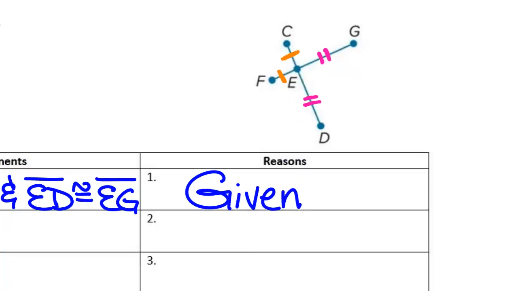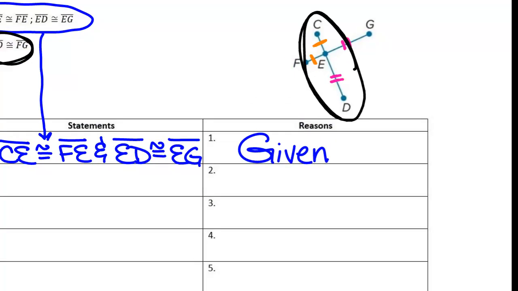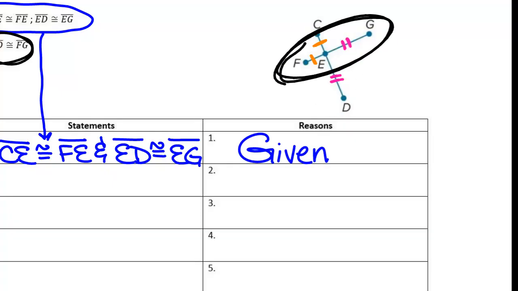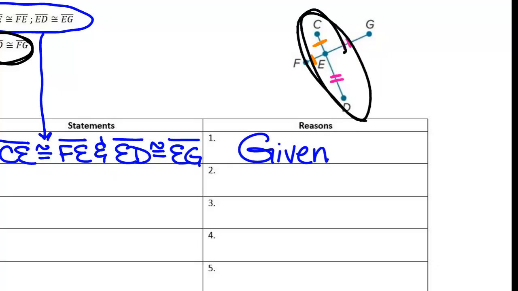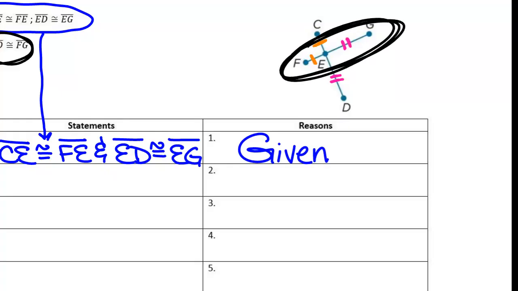At the end, we want to talk about segment CD and segment FG. Well, segment CD is made up of two smaller segments put together, right? Same thing over here for segment FG. That's two smaller segments put together.